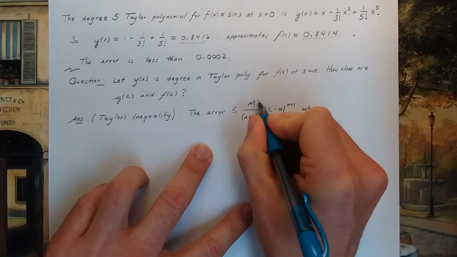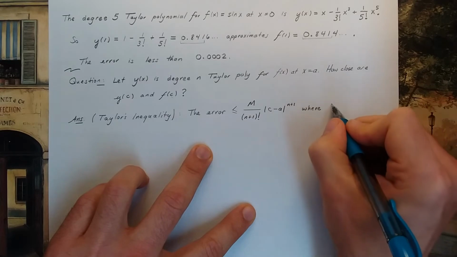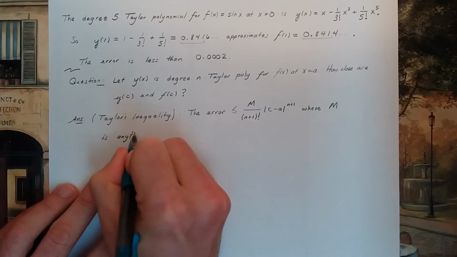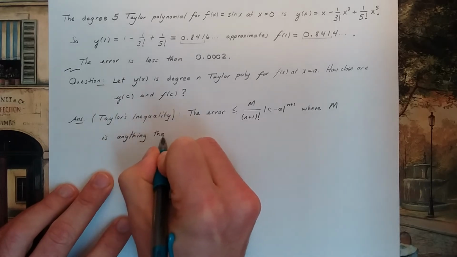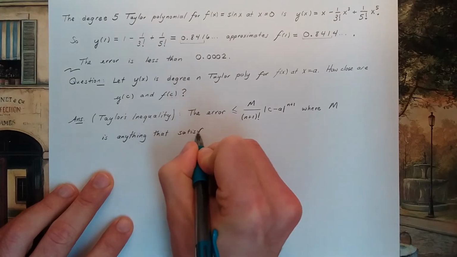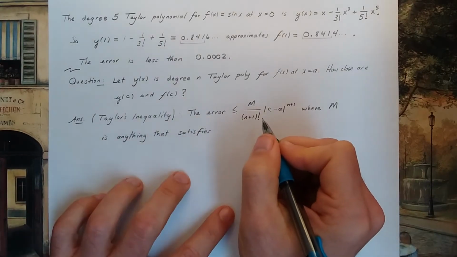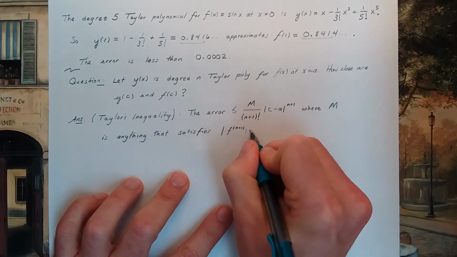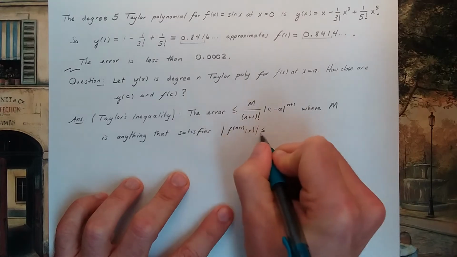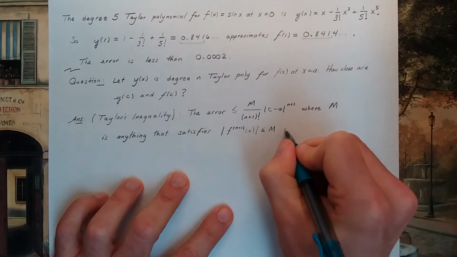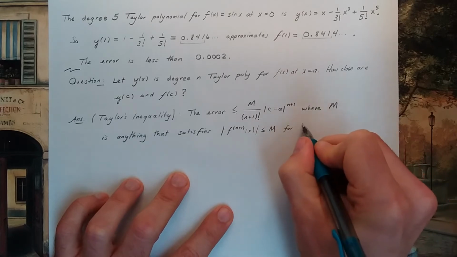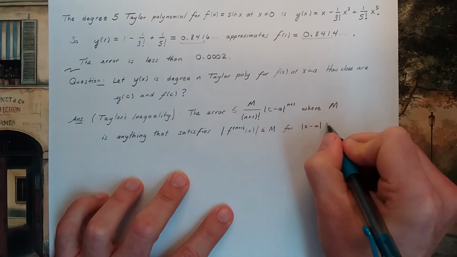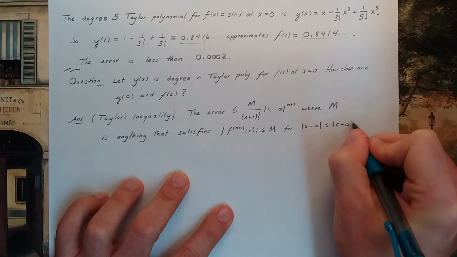And what is this m thing? Where m is any number that satisfies some strange condition. If I take n plus 1 derivatives of my function, m has always got to be bigger than that in absolute value. And this has to be true for values of x that satisfy the distance away from a is less than or equal to c minus a.